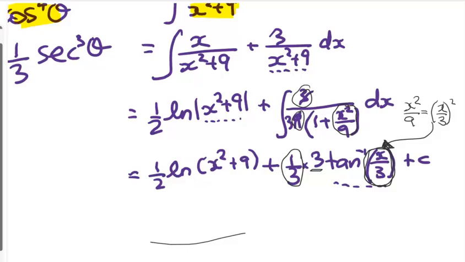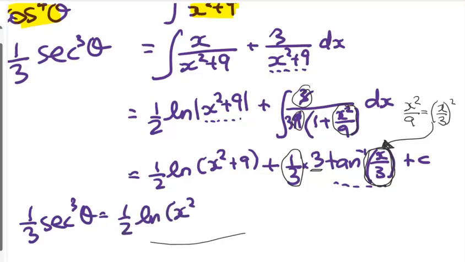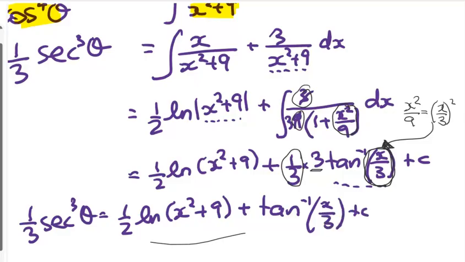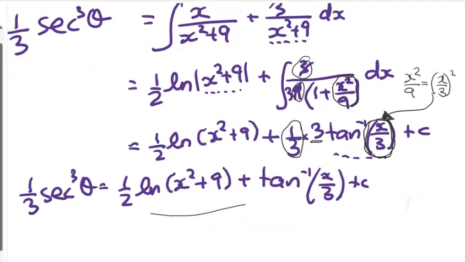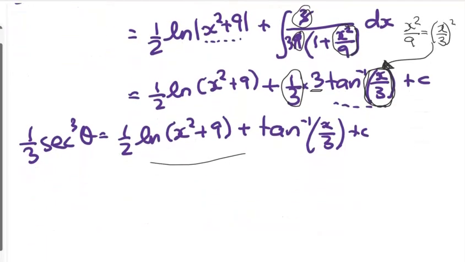Now what we've got to do is just clean things up a bit. We've got 1/3 sec cubed of theta is equal to 1/2 times the log of x squared plus 9 plus tan inverse of x on 3 plus c. Now it's time to substitute in what we were given. So let's see what that was.